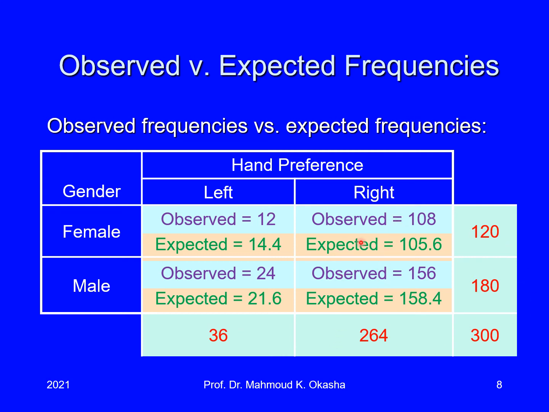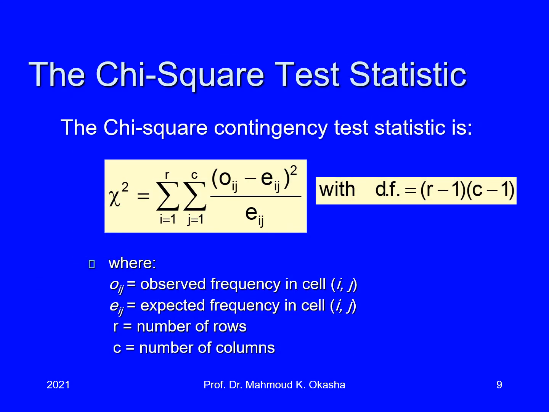But we need observed and expected values for each cell, and we use the formula we mentioned earlier. We sum over all cells in the table, that means the sum over rows and the sum over columns.